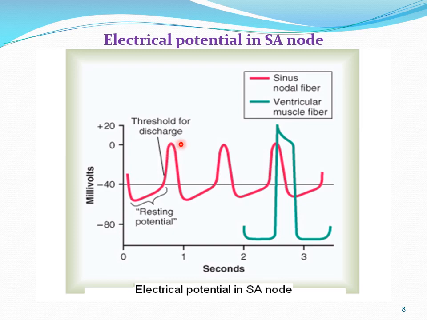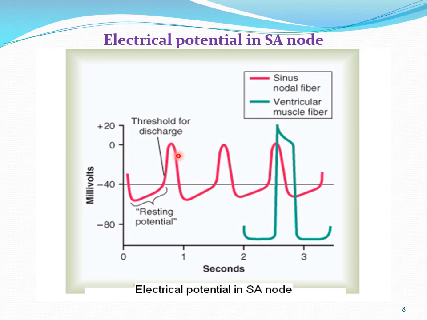Exactly at this point, at zero potential, the slow calcium sodium channels get closed and there is opening of potassium channels. This phase is called repolarization. Due to the opening of potassium channels, there is sudden, rapid diffusion of potassium ions from outside to inside of the fiber.